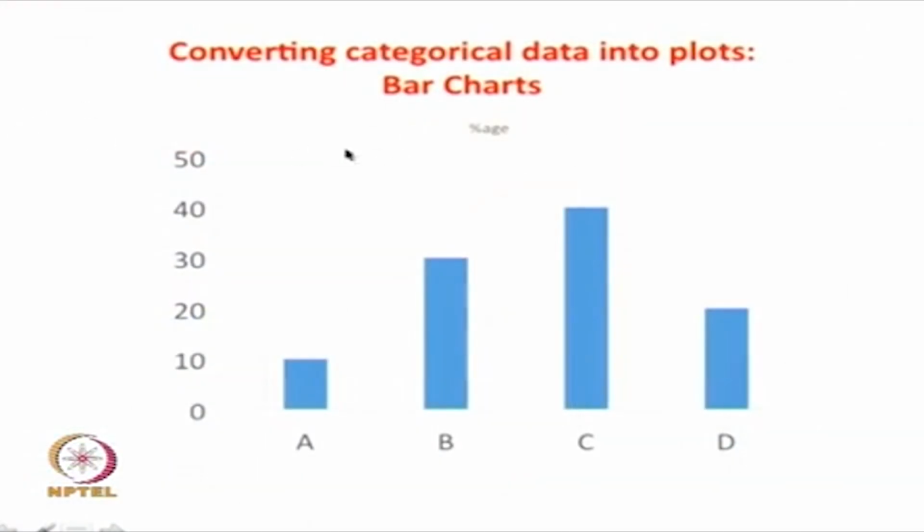So, you can express this categorical data also in another thing which is widely used, a bar chart. So, same as before, you have the percentage in your y axis and you have the categories A, B, C, D. Okay. So, as before, one of the weaknesses of these bar charts is that if you have too many bars, it looks cluttered. Okay. If you have few bars, it is easy to represent.